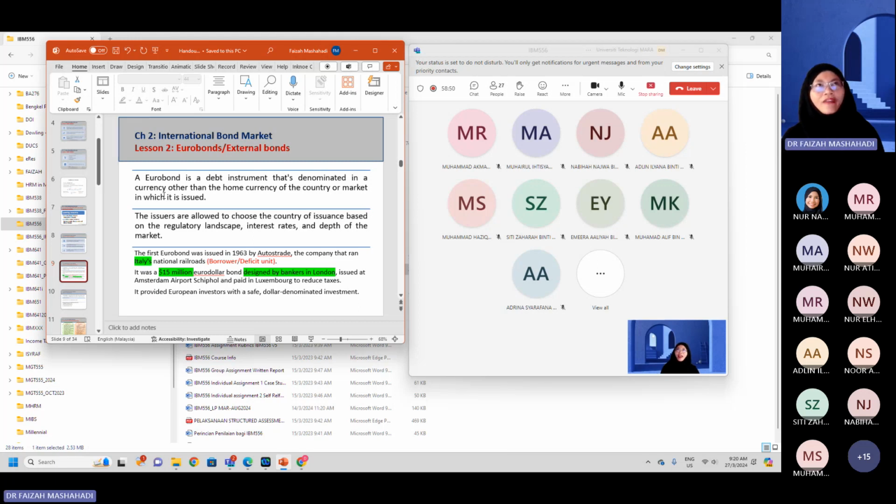Okay, let's say we have Proton. This is just for illustration. Before that, if Proton issues an international bond, what is going to be the situation? Proton issues an international bond. Can you please illustrate? Muhammad Alif.